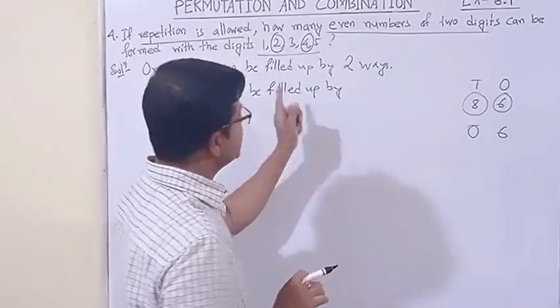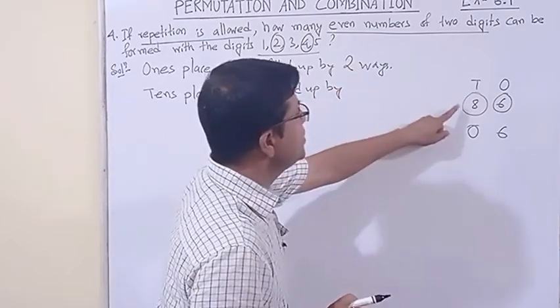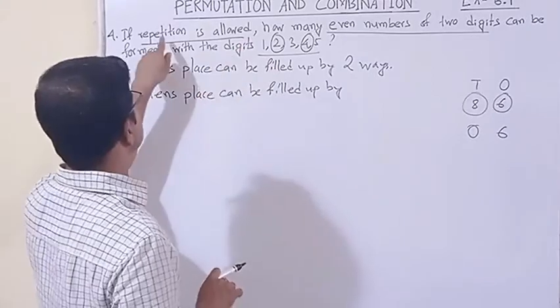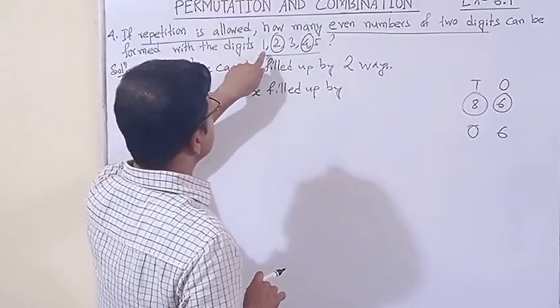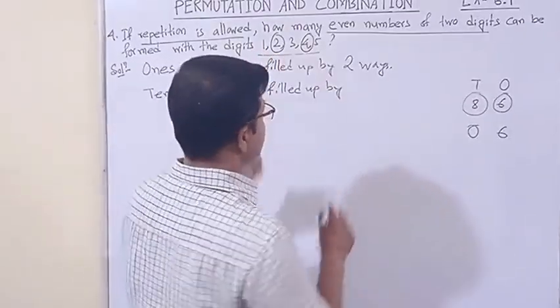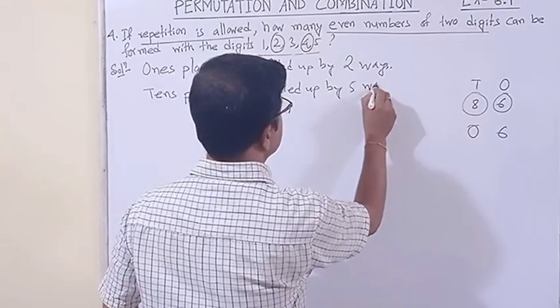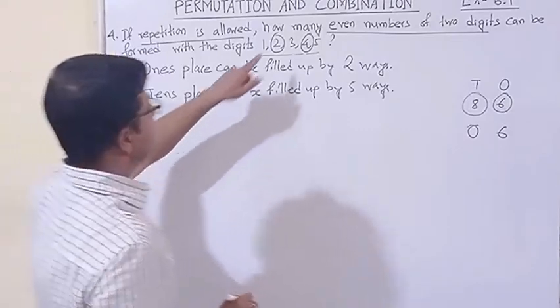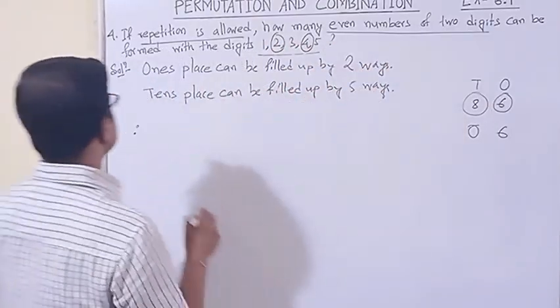So in this particular question, in how many ways can the tens place be filled up? Let us take all of these because repetition is allowed. How many digits are there? 1, 2, 3, 4, 5. So 5 ways. Now the question is how many even numbers of 2 digits can be formed?